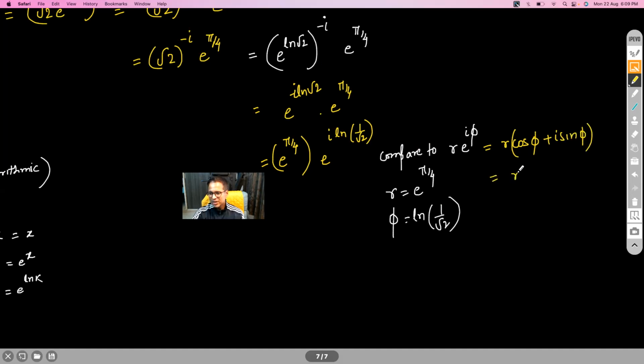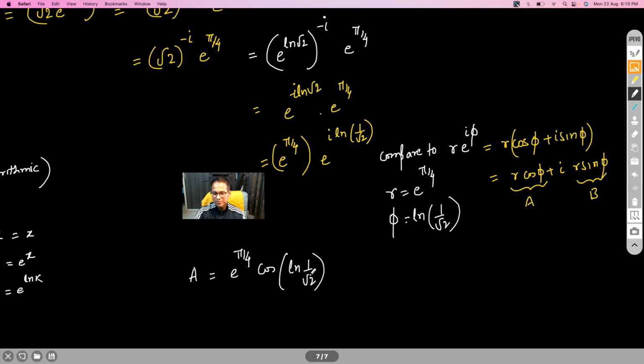In other words, your a becomes r cos phi. This is your a. And what's your b? b is r sin phi. So this becomes your capital A of the question, and this becomes your capital B. So comparing it with the a plus ib form, we can say that my A will be r cos phi, r is e to the power pi by 4, and phi is ln 1 by root 2.